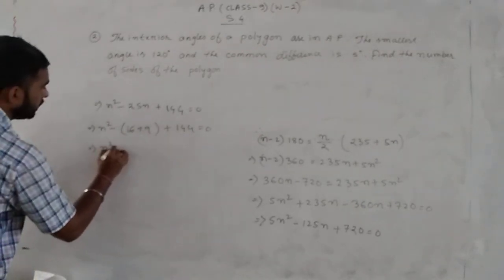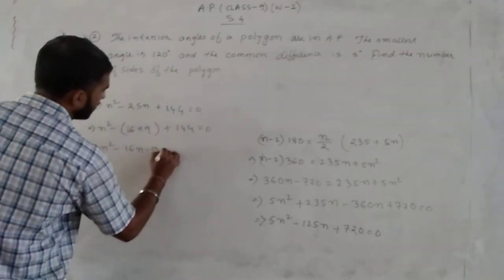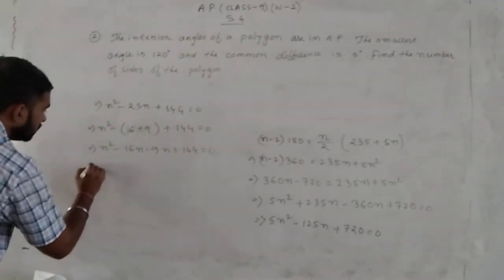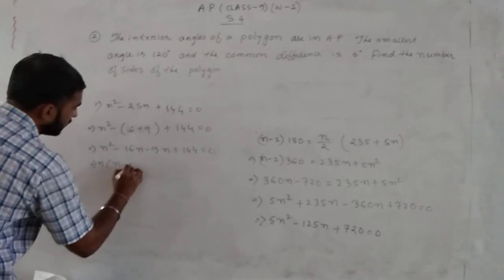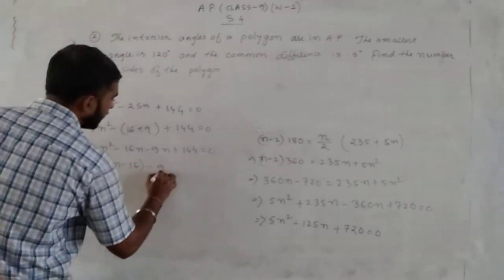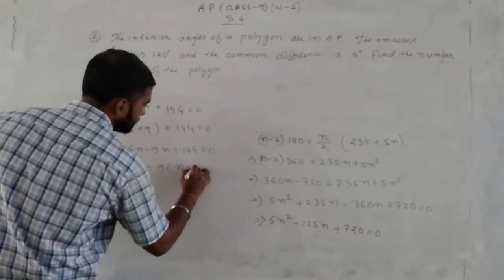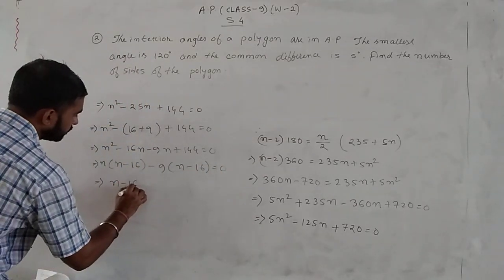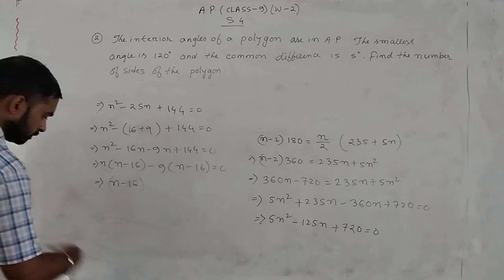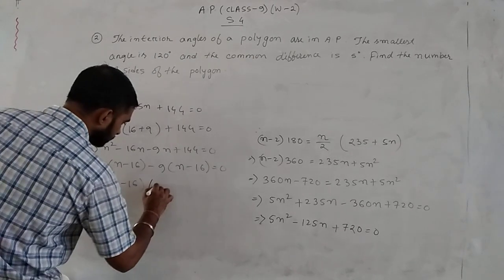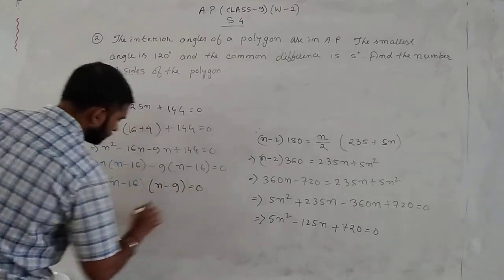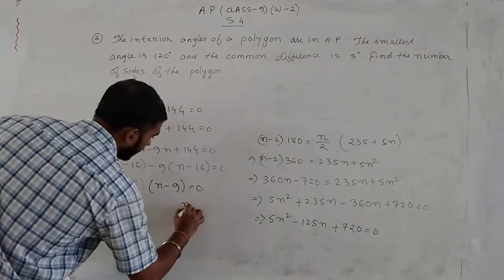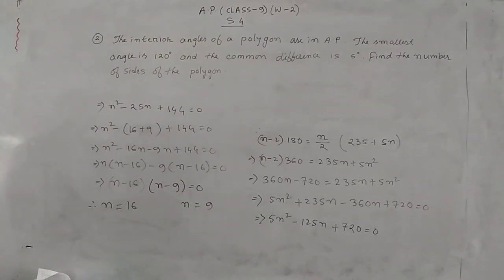So n square minus 16n minus 9n plus 144 equal to 0. So n into (n minus 16) minus 9 into (n minus 16) equal to 0. So n equal to 16 or n equal to 9.